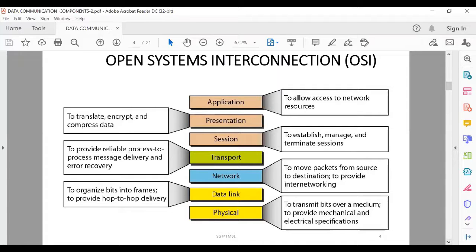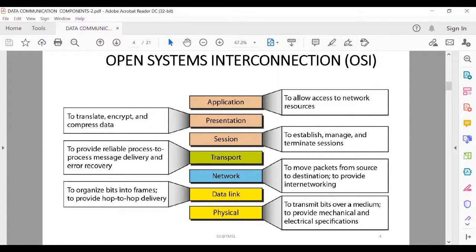As you have seen here, the OSI model consists of 7 layers, and each layer performs a particular network function. It was developed by the International Organization for Standardization, or ISO, in the 80s, and it is now considered an architectural model for intercomputer communications.